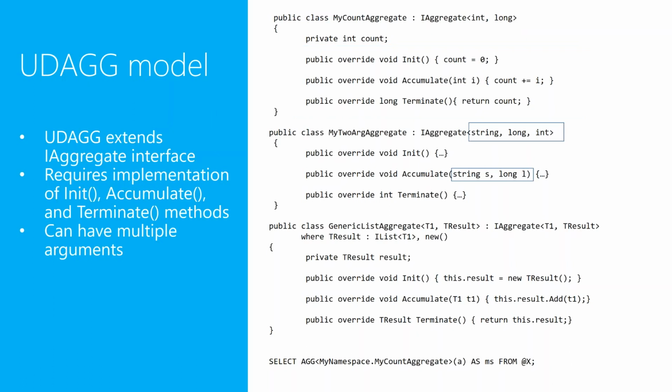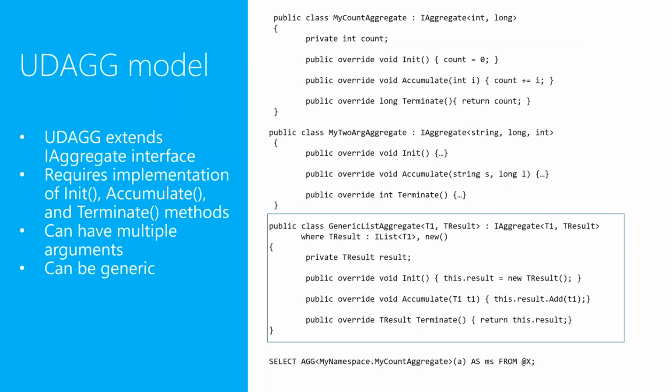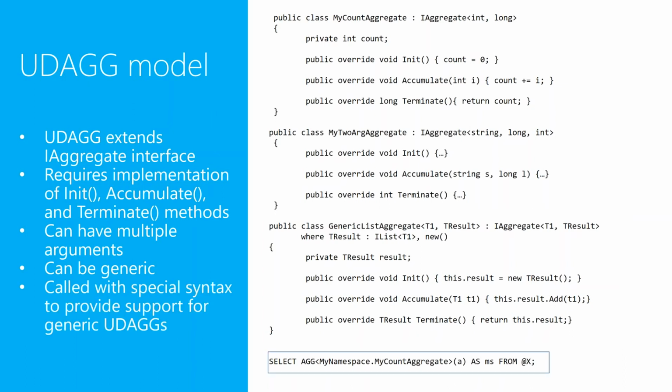You can also have multiple arguments. So in this case, I have an accumulation that accumulates a string and a long, and then results in an int. You can have generic aggregators. That's what I mentioned earlier. So you can genericize the argument types. And then the invocation is done by calling out to this aggregator with the parameters using the AGG keyword here.